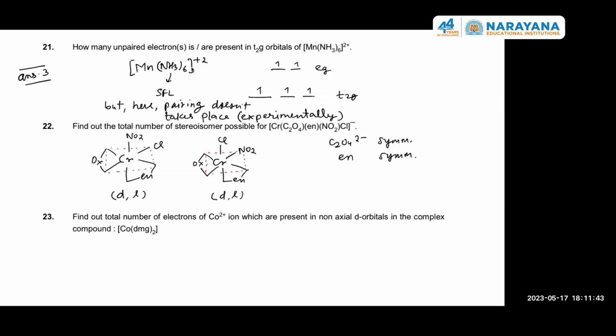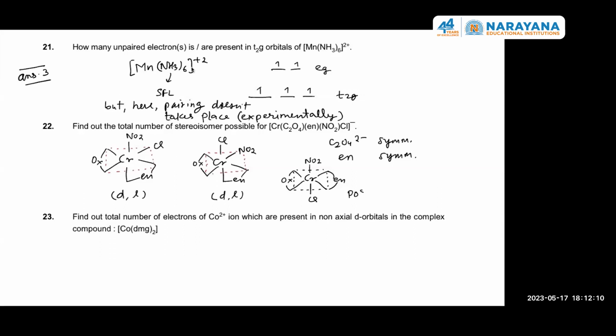But in the situation where this oxalate and this en are present opposite to each other, and NO2 and chlorine can be contained in the same plane, they will bisect at their own position, and because they are symmetrical ligands, they will also undergo bisection, and a plane of symmetry will come over here.